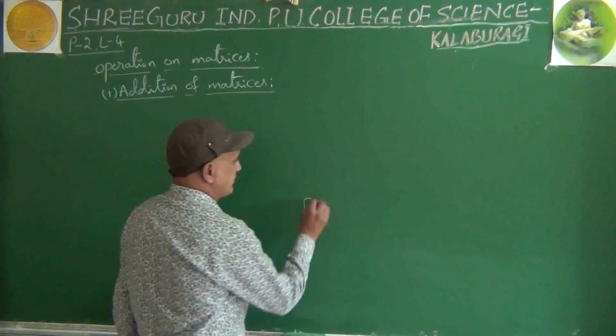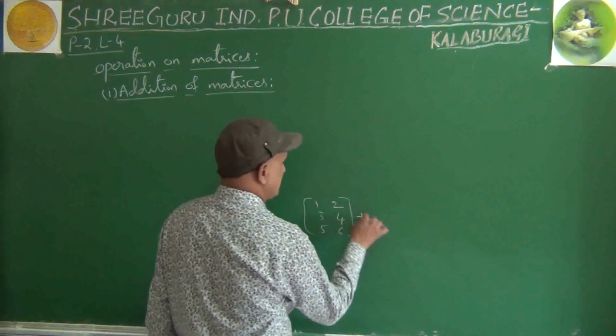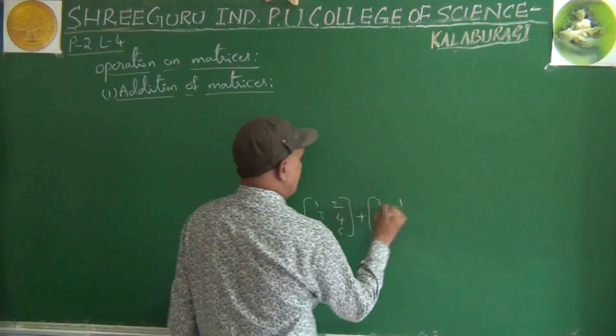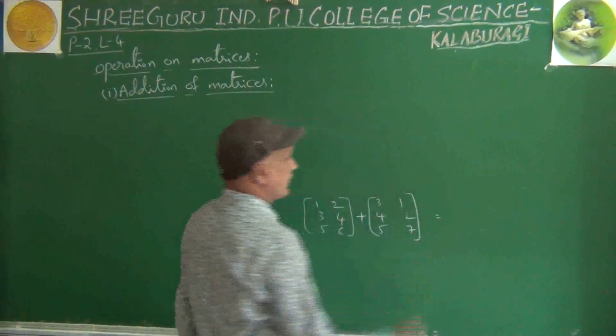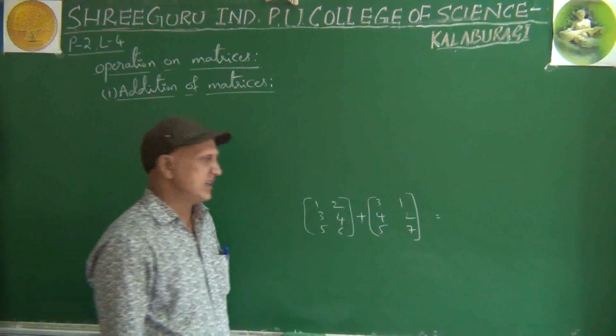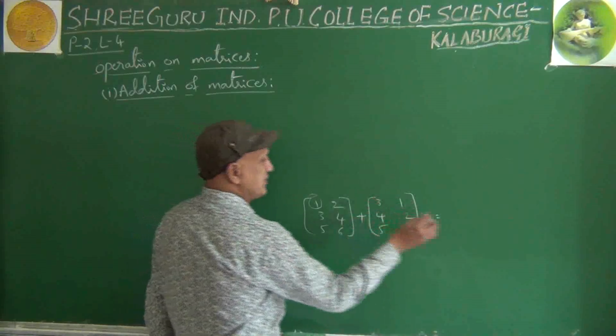For example, 1, 2, 3, 4, 5, 6 plus 3, 1, 4, 2, 5, 7. By using common sense we can understand how to add these two matrices. 1 plus 3.